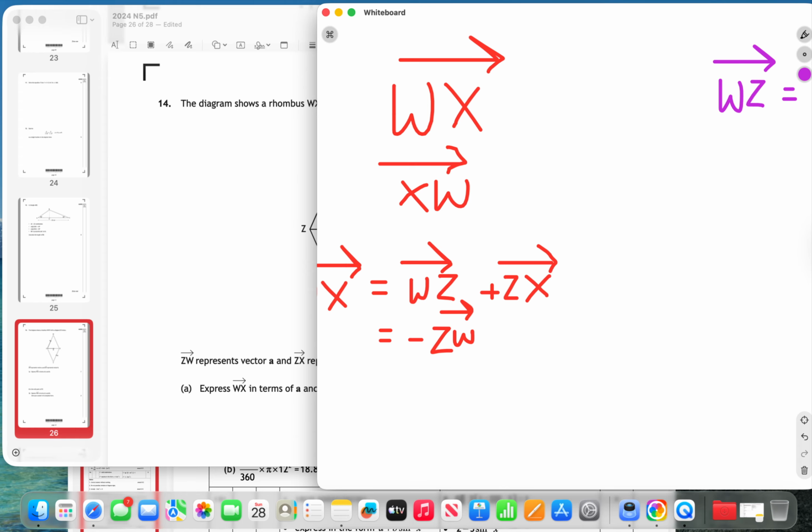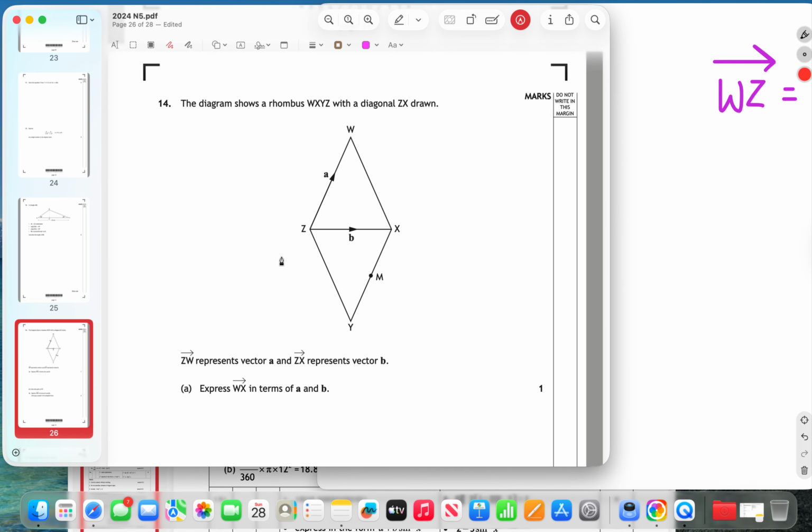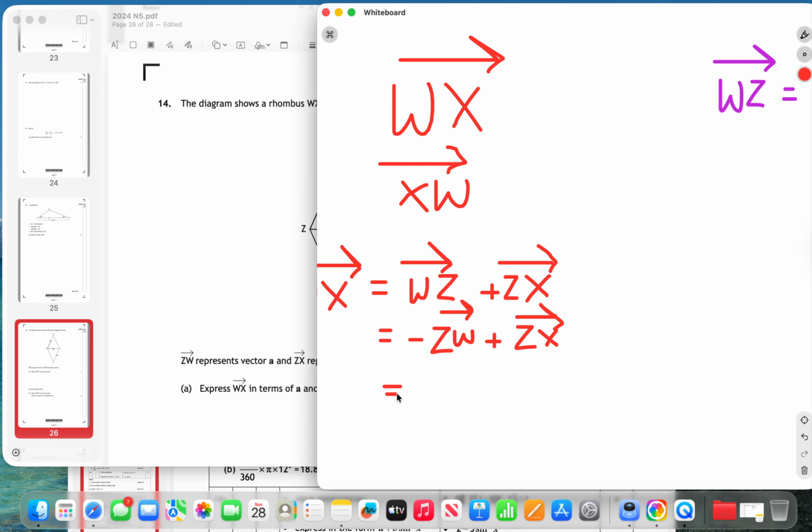They have the same magnitude, the same length, but in opposite directions. Plus ZX.